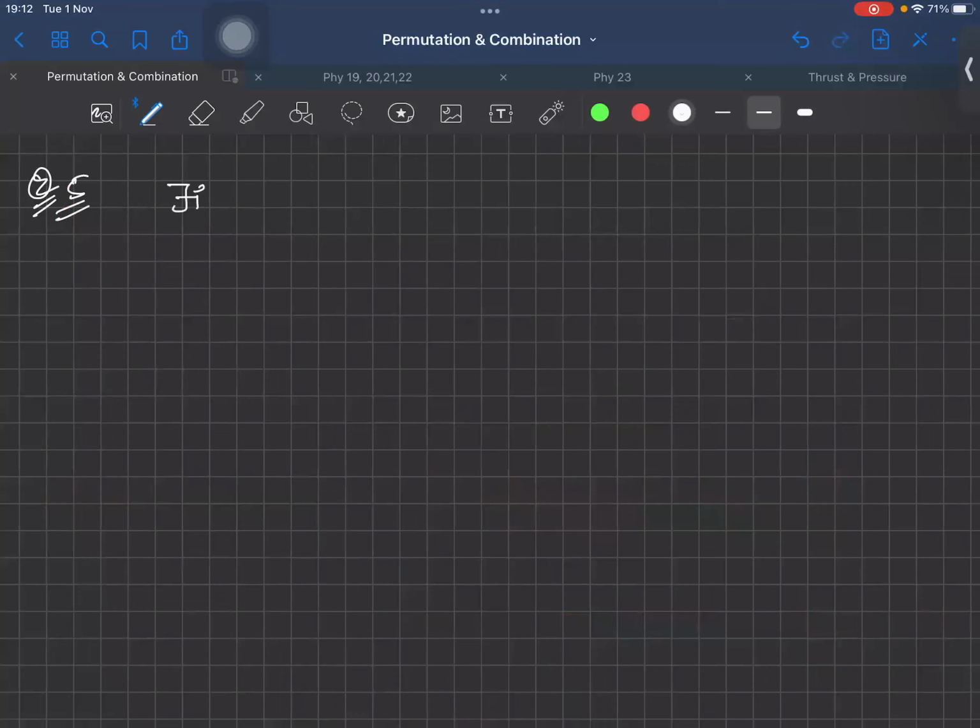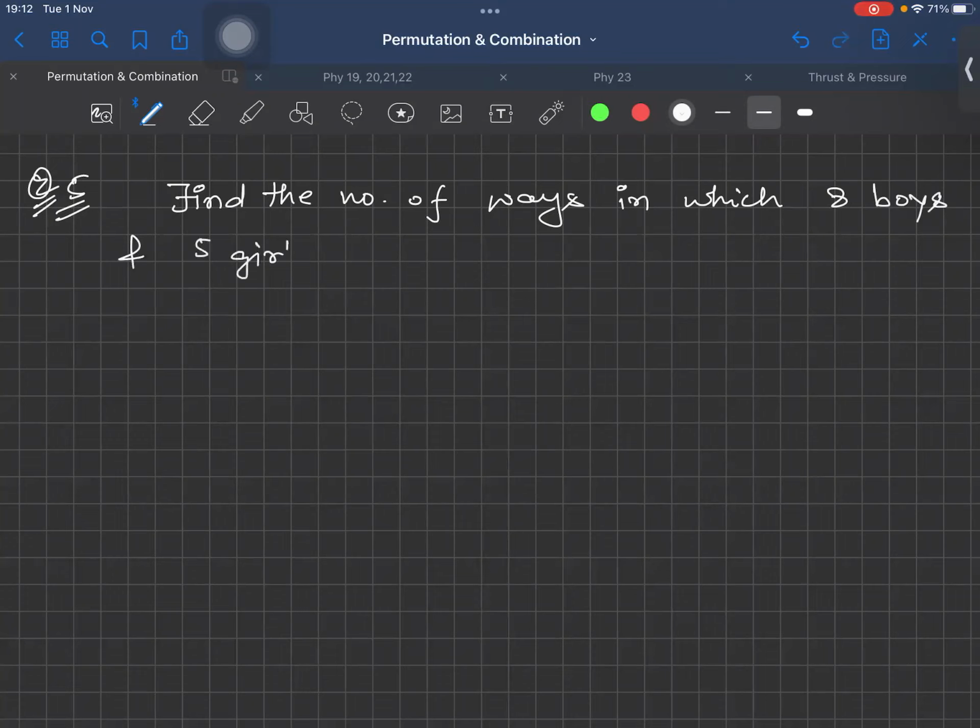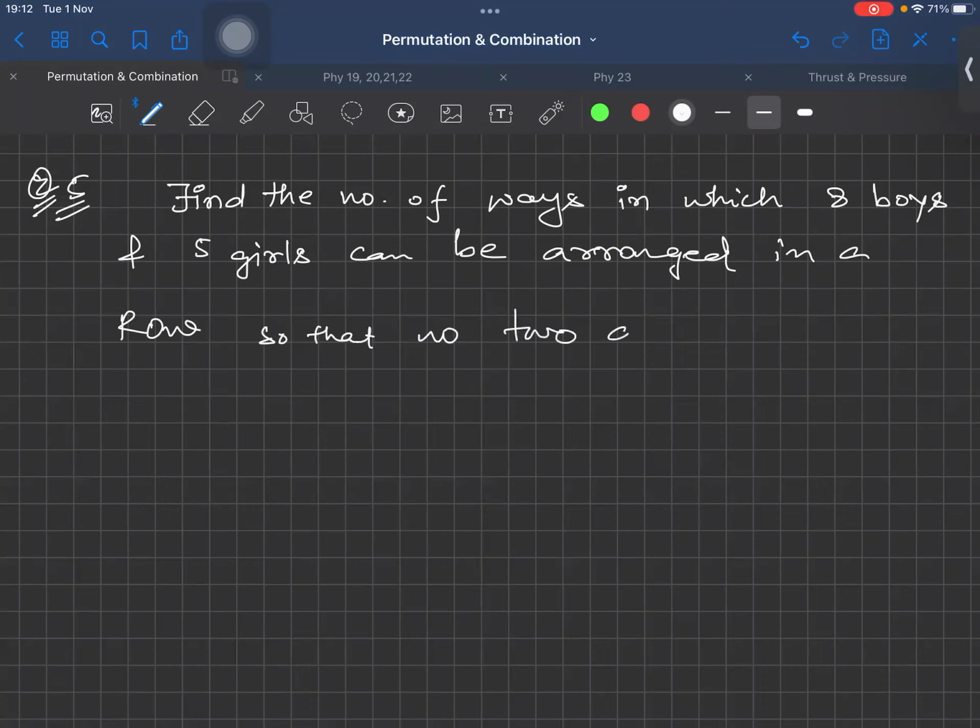Find the number of ways in which 8 boys and 5 girls can be arranged in a row so that no 2 girls are together.